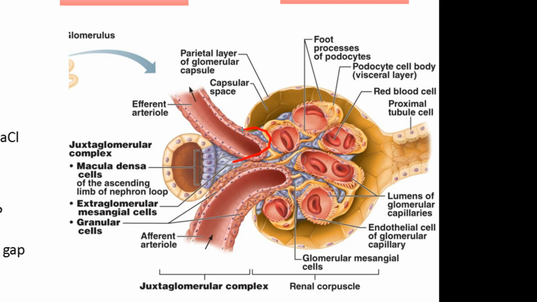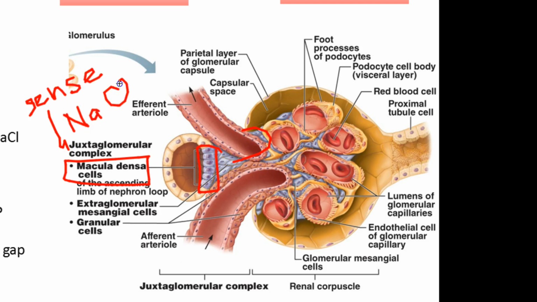so you see these cells here. This is macula densa cells. Their function is to sense sodium chloride. They sense the concentration of sodium chloride. Does that make sense? Can you see these cells?